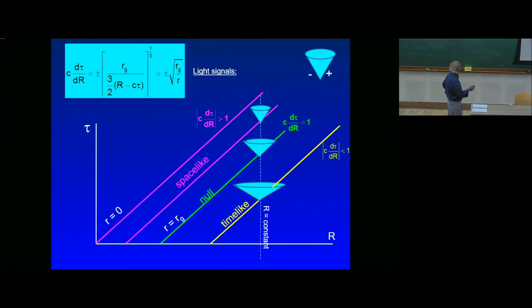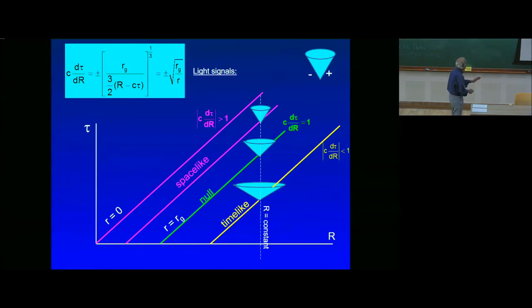In other words, the slope of these lines which define the outer boundary of the light cone are given by square root of rg over r. So if r is smaller than rg, then this is greater than 1. If r is greater than rg, this is less than 1. And when r is equal to rg, this is equal to 1. So now let us look at this trajectory properly.